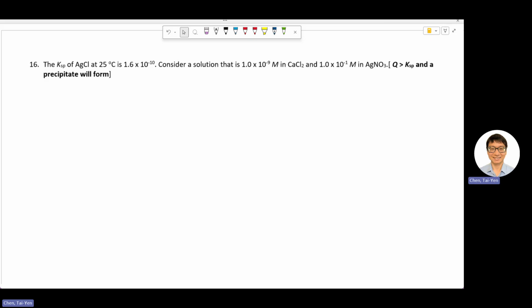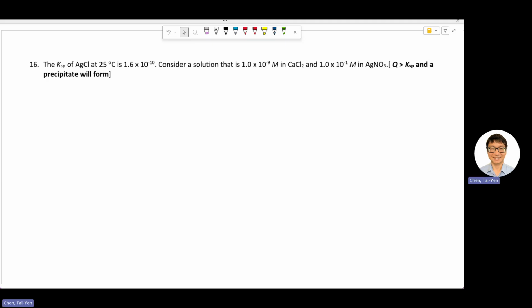Now you look at that. The first soluble salt is CaCl2. Once it dissociates, do you see it's going to produce one of the species belonging to your insoluble salt? Yes. Which one? Cl−. Don't forget about your charge. Can you see the concentration of the Cl− from the CaCl2?